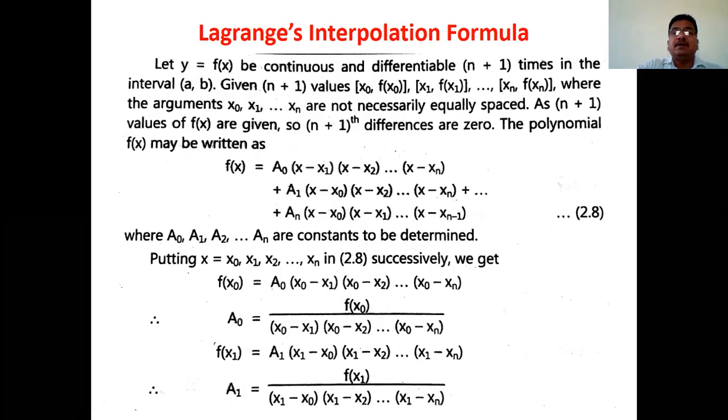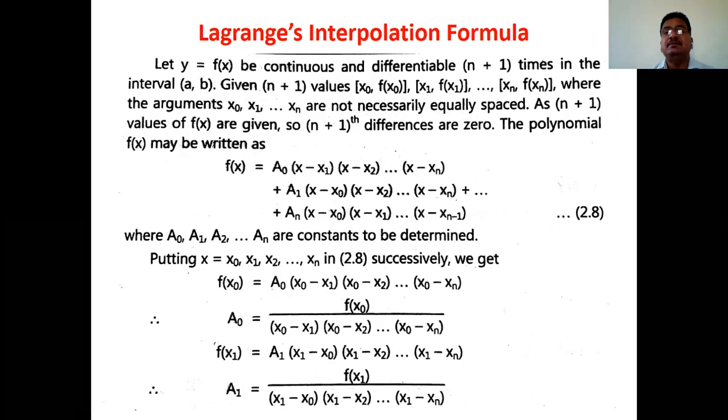But here the values of x are not equidistant, and therefore are denoted by x0, x1, x2 instead of a+h, a+2h. We can denote the values of x as a+h, a+2h if the values of x are equidistant. But if the values are not equidistant, then we cannot write the values of x in that form, a+h, a+2h.